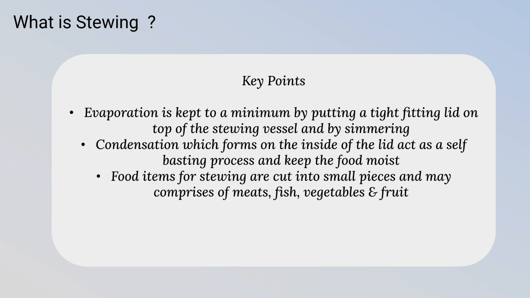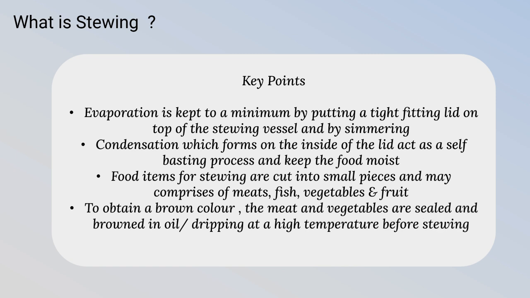Food items for stewing are cut into small pieces, never into big pieces, and may comprise meat, fish, vegetables, and fruit, etc. To obtain a brown color, sometimes the stews are also brown. The meat and vegetables are sealed and browned in oil or fat or dripping at a high temperature before stewing.